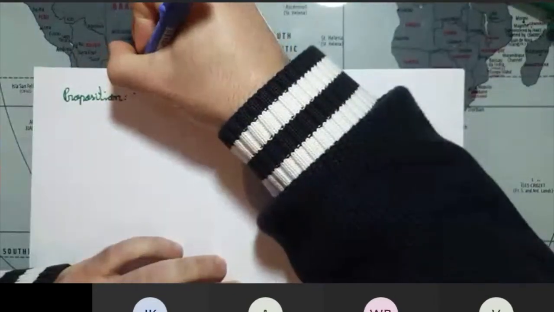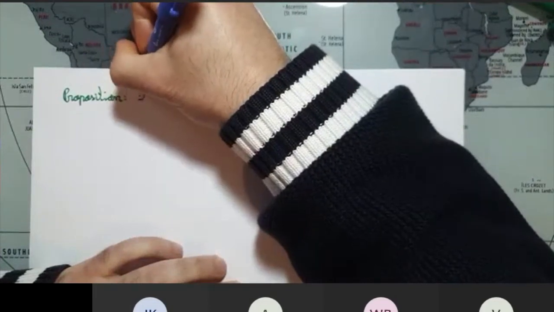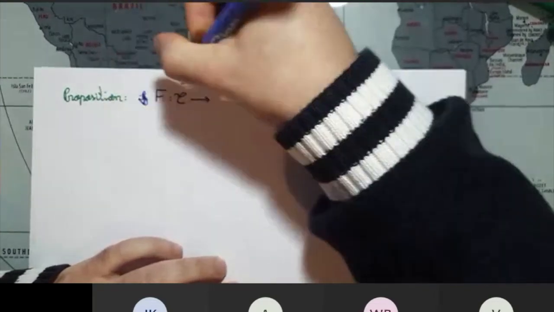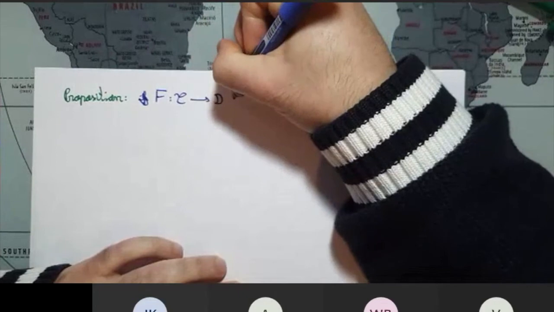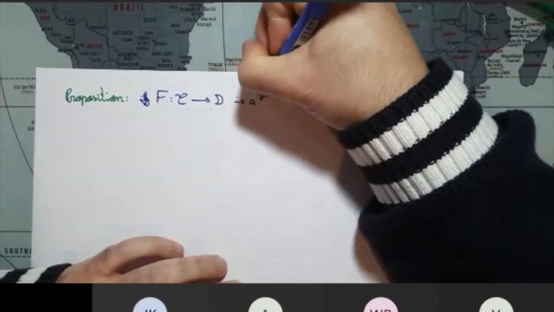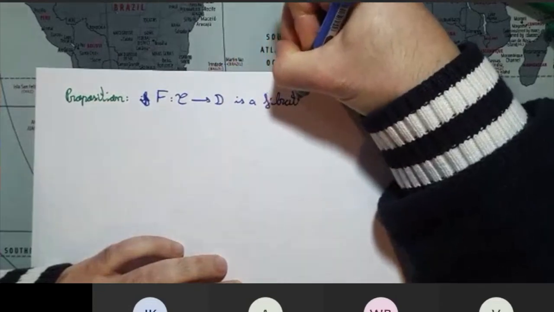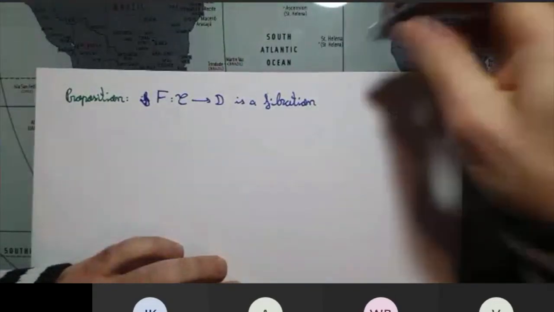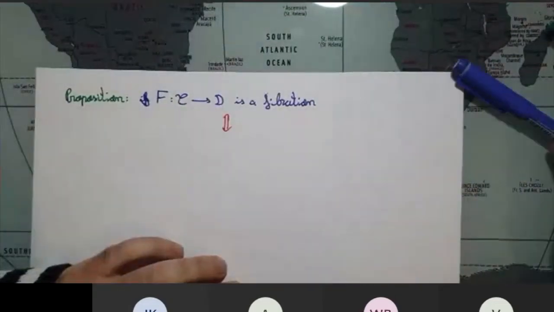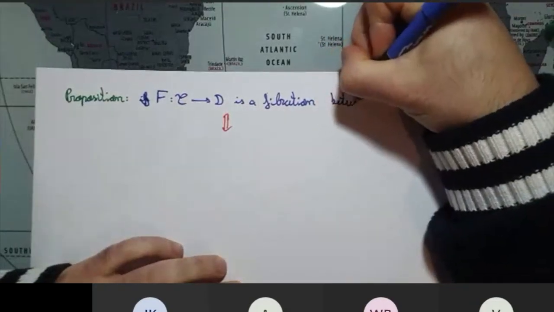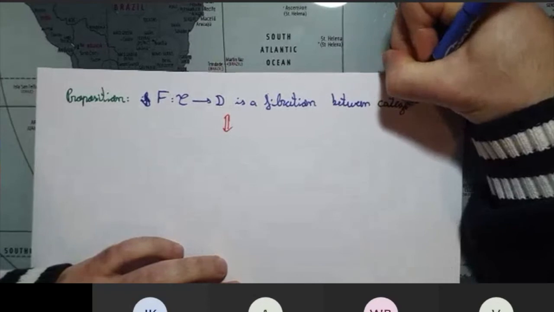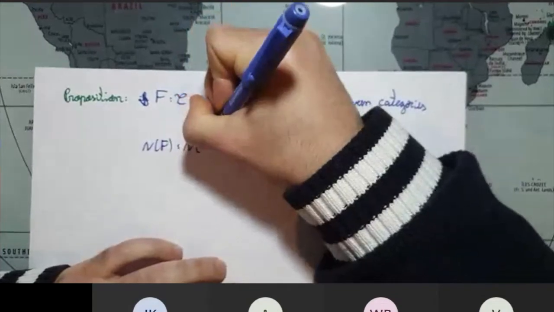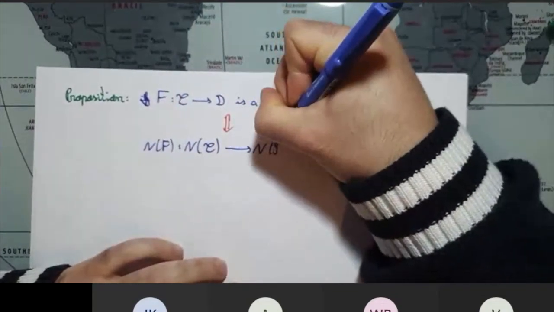the nerve of a fibration, if F is a fibration between categories, sorry, then its nerve is a right fibration.